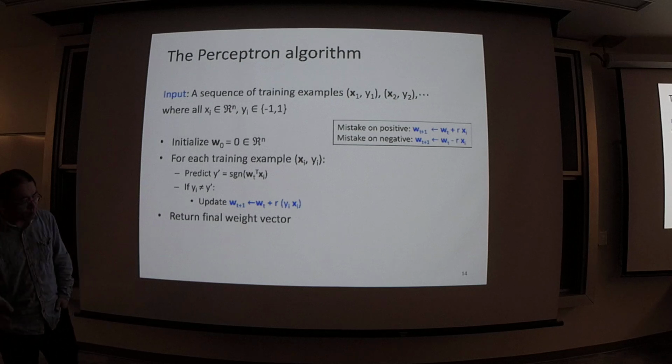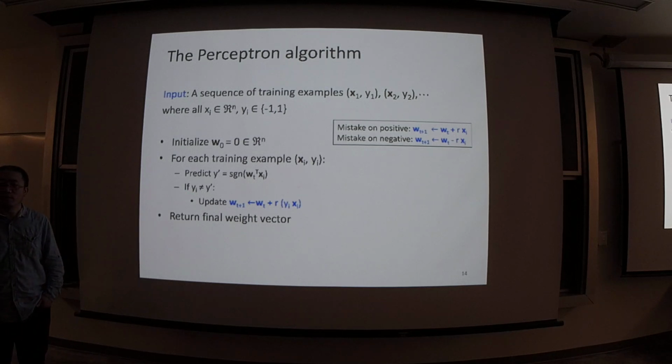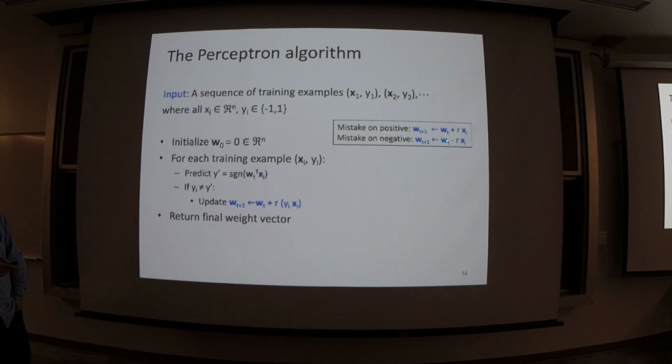Another case is that we make a wrong prediction for negative examples, right? So that means yi is simply minus 1. Then we will apply this rule: you actually subtract R xi from WT. So what's the meaning of this, right?